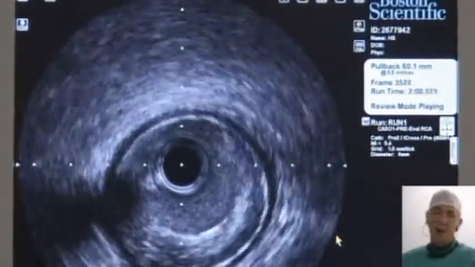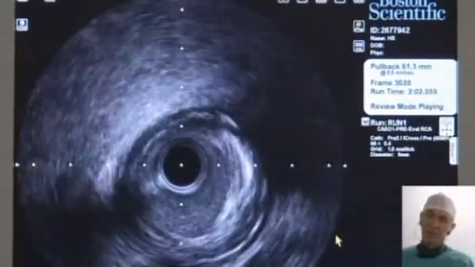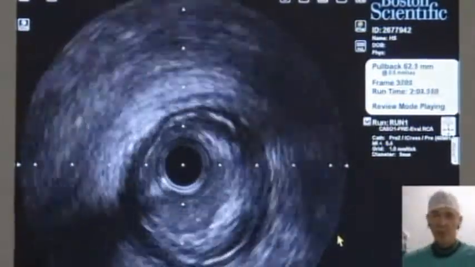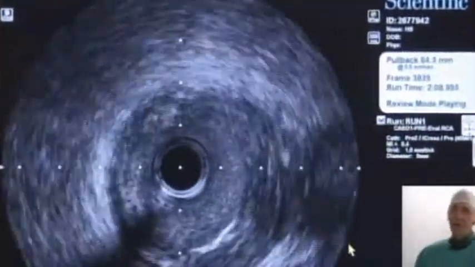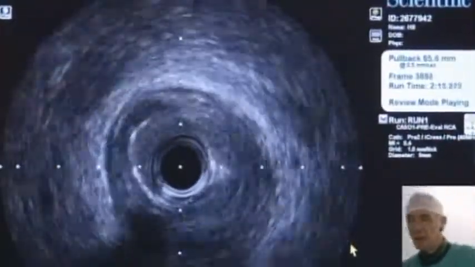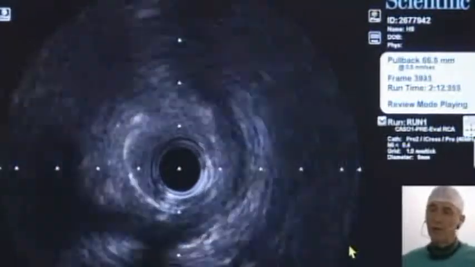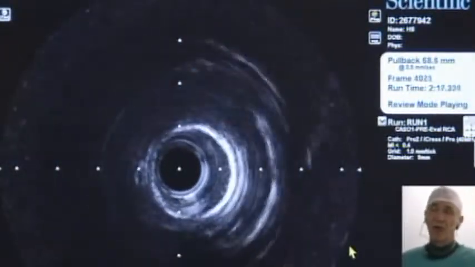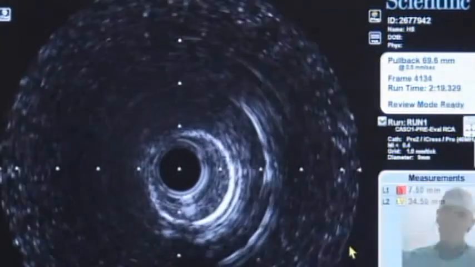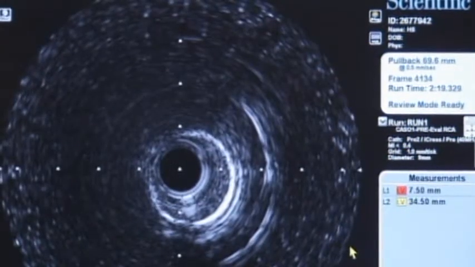The drug is paclitaxel, and paclitaxel in the diabetic population showed favorable results, as shown in the trials comparing with Xience, the SPIRIT trials. So we decided to use this new stent from Boston Scientific.